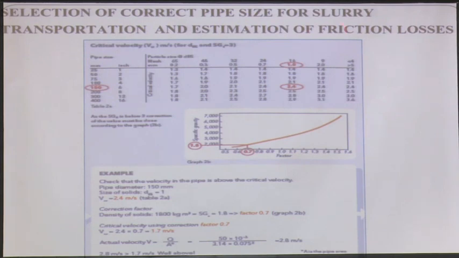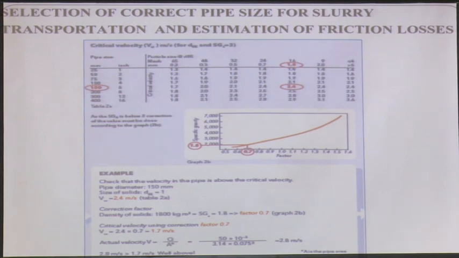So, why are they doing all these things? First of all you need to pick up the correct pipe size which will allow the slurry to be transported properly without any settlement of the solids. The biggest thing is this: if, due to low or improper velocity, the solid gets settled or deposited, then the transportation becomes a risky affair.